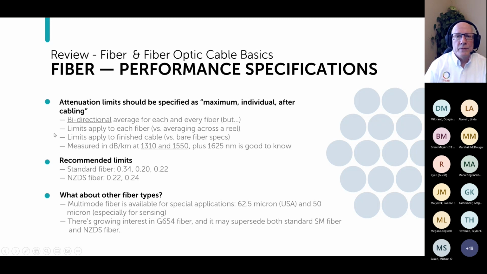Let's talk about those. So you should have attenuation limits. That's the maximum loss or the maximum attenuation that you're going to allow. And I would suggest to you that you should be looking at maximum loss for each and every fiber after cabling. So let's talk about what that means.